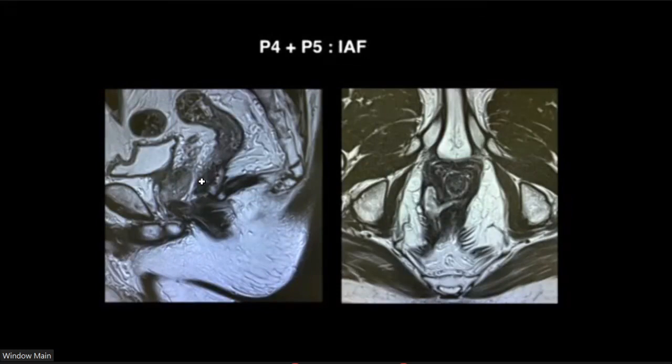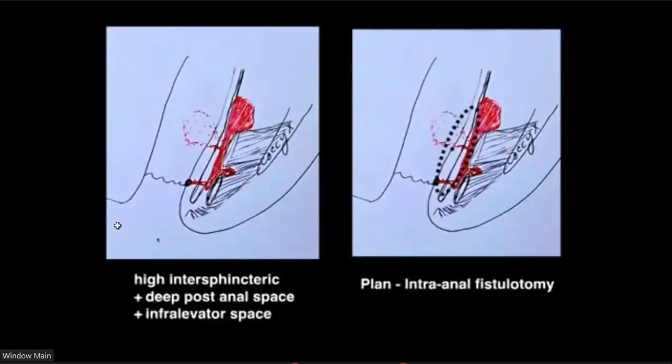Another case. In this case you can see the abscess here, I think this is post-anal. And you can see here, this is the high intersphincteric. You can see intersphincteric and then it passes to the infralevator. This is the infralevator. It goes down like this. So this is the P4 part P5. In this case, there is no external opening. So in the diagram, I draw this.